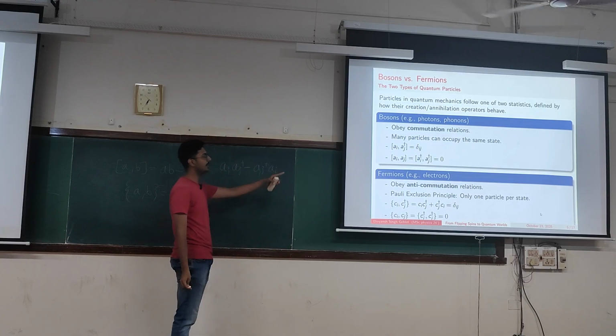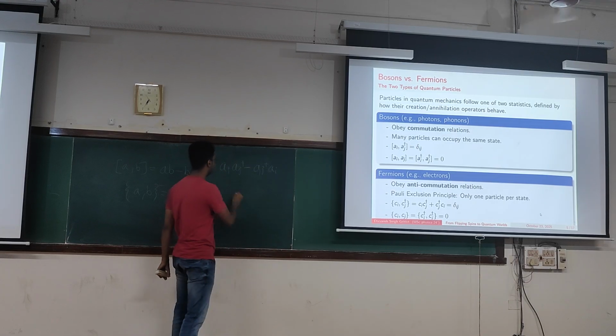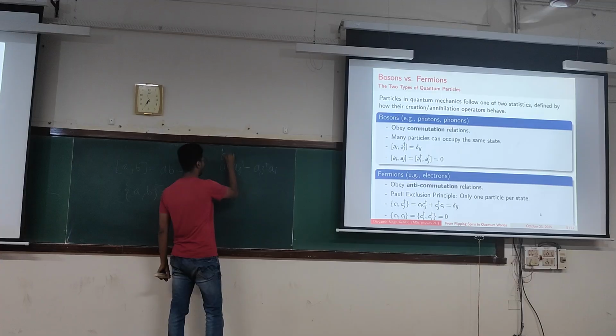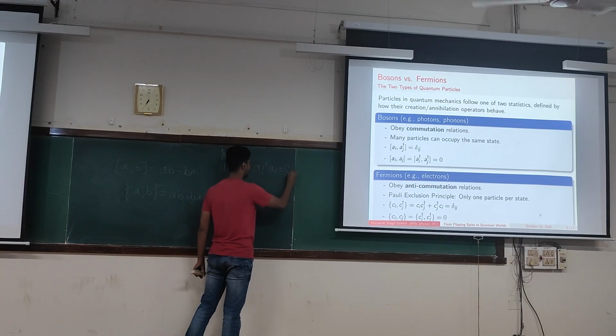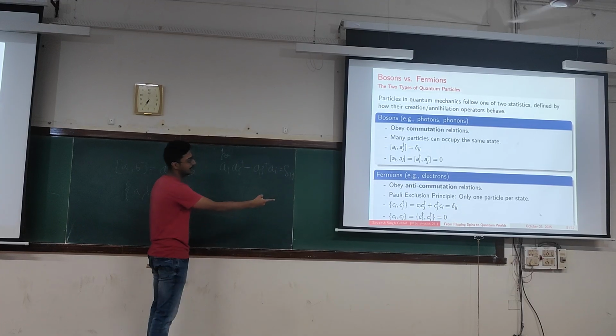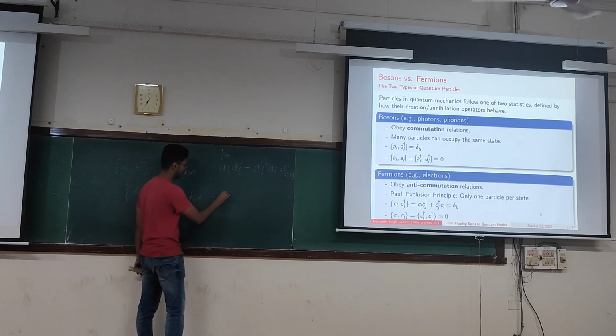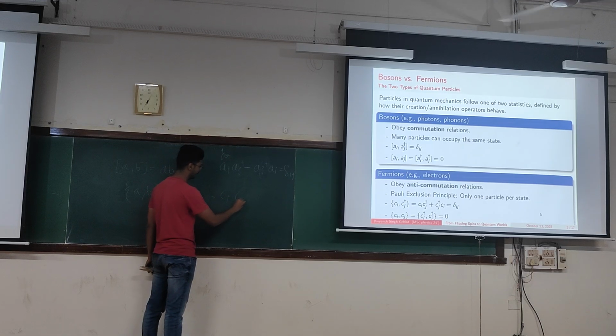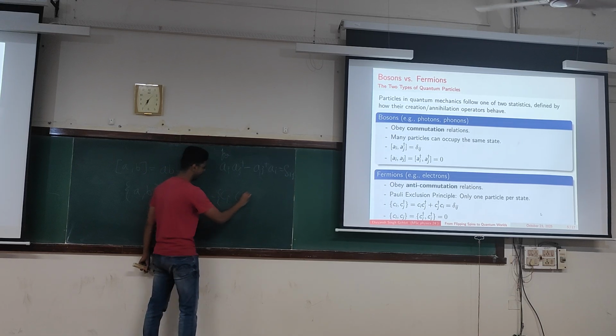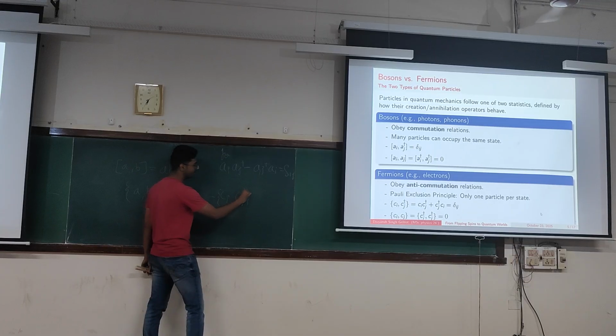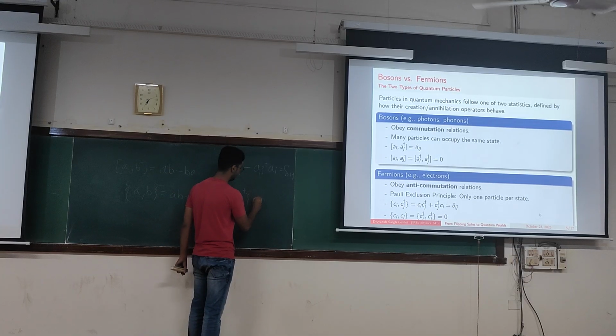For bosons it turns out to be delta ij, and for fermions it follows the anti-commutation relation, so Ci Cj dagger is equal to delta ij.